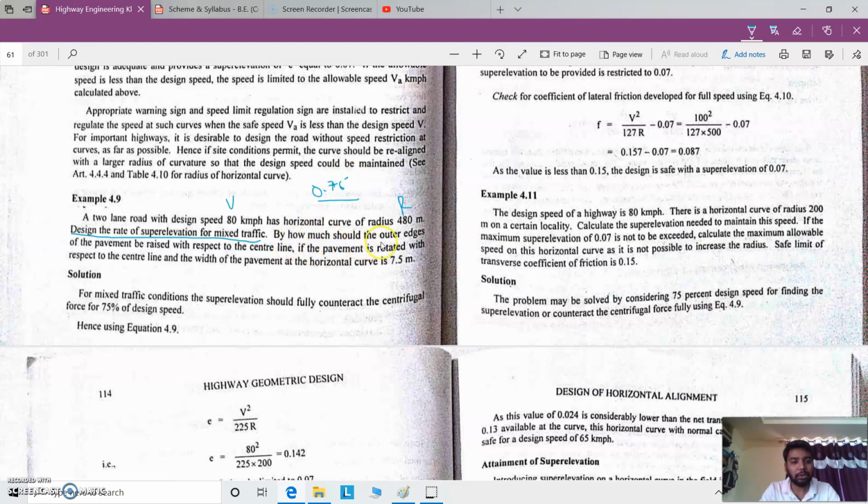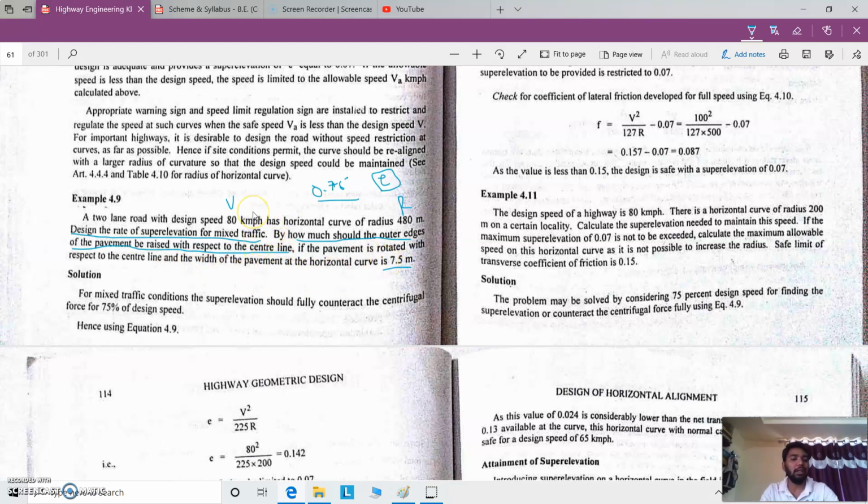By how much should the outer edge of the pavement be raised? It is nothing but the value of E, the outer edge of pavement raised with respect to the center line; that is the value of E asked here. If the pavement is rotated with respect to the center line, and the width of the pavement at the horizontal curve is given as 7.5 meters.